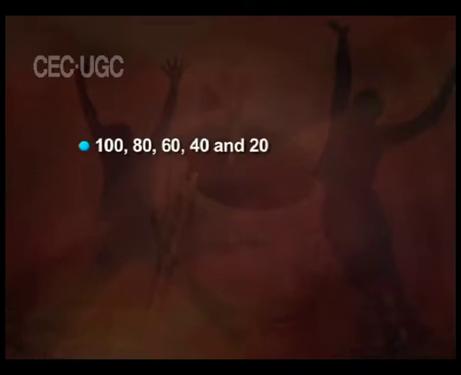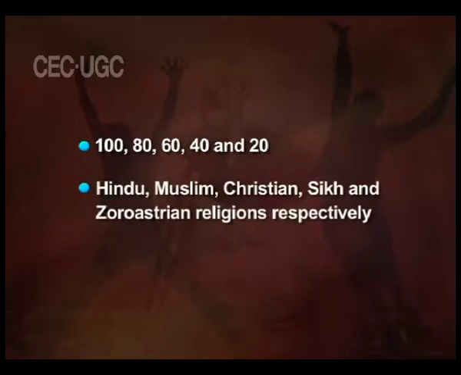If the investigator applies the technique of proportionate stratified random sampling, then according to the proportion in the population, 100, 80, 60, 40 and 20 samples will be taken from the Hindu, Muslim, Christian, Sikh and Zoroastrian religions respectively.